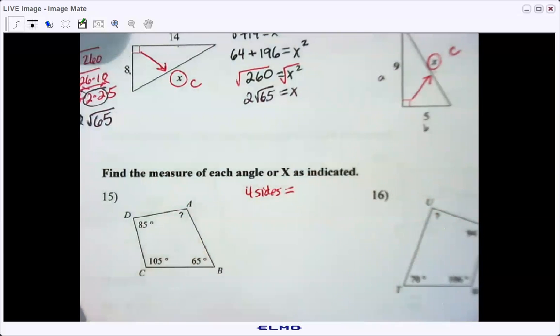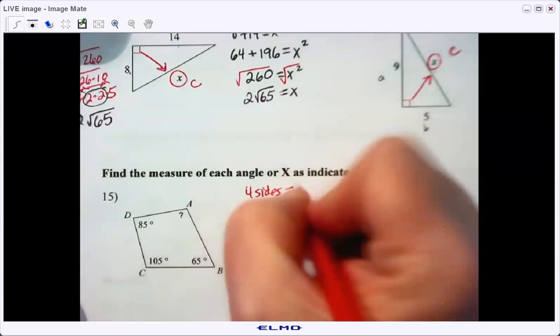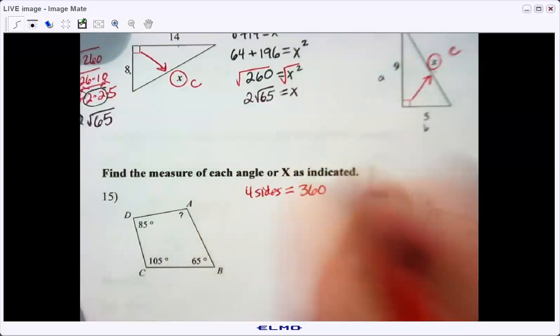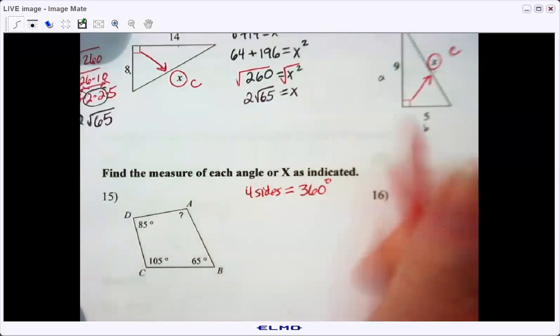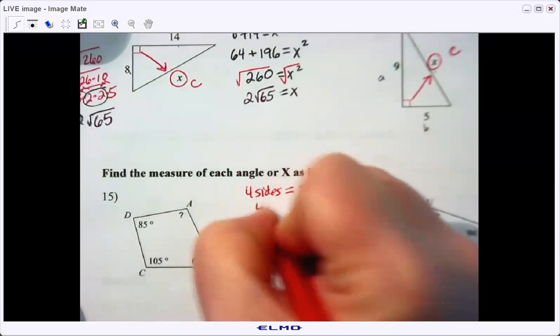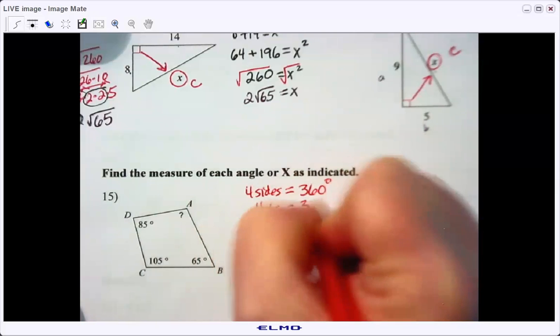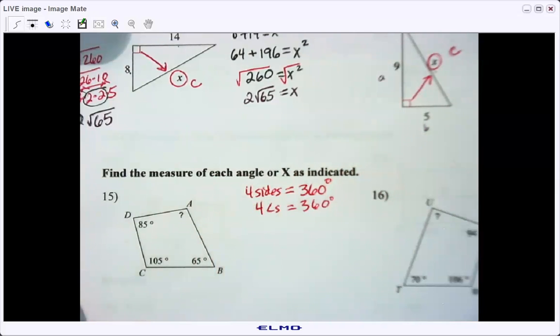What do all my angles have to add up to be? 360. Good. 360 degrees on the inside. So four sides means four angles, so they have to add up to be 360 degrees.